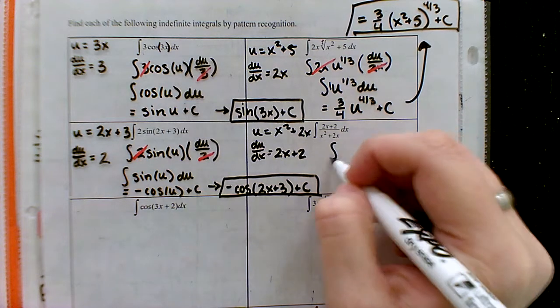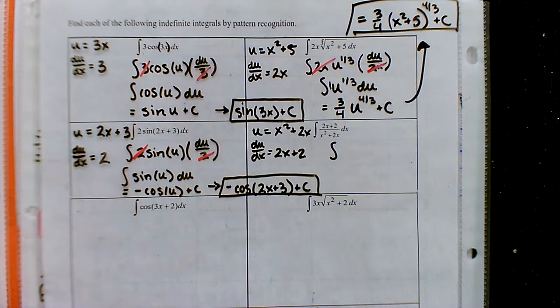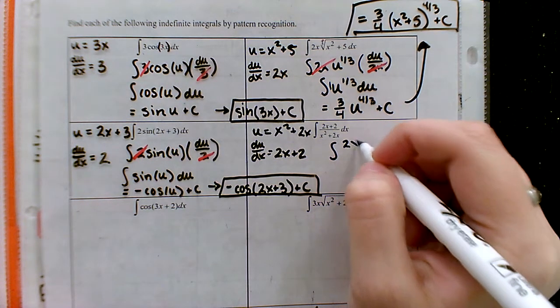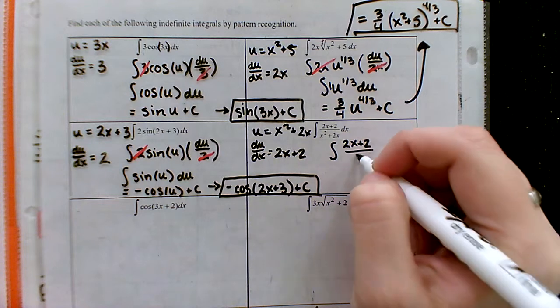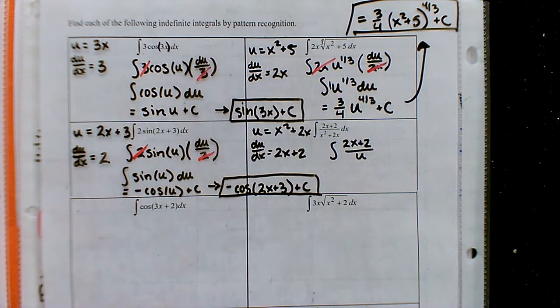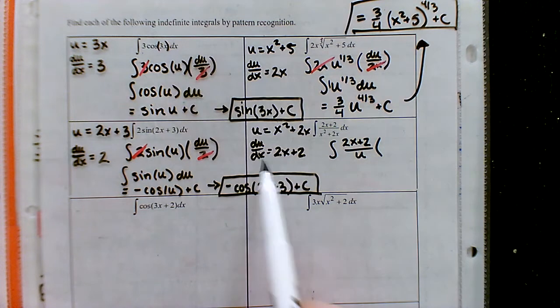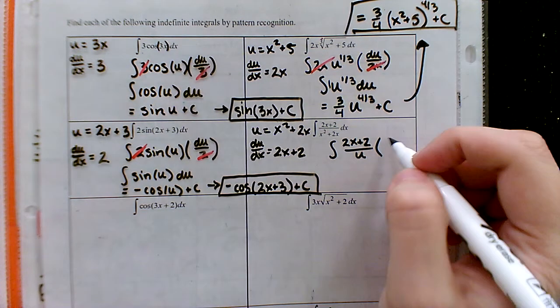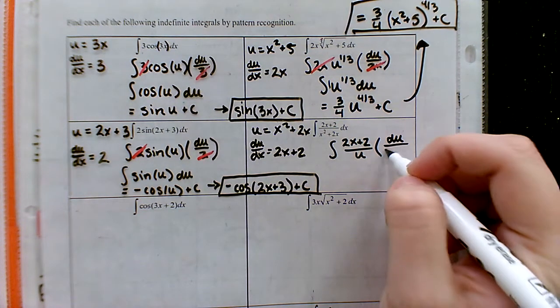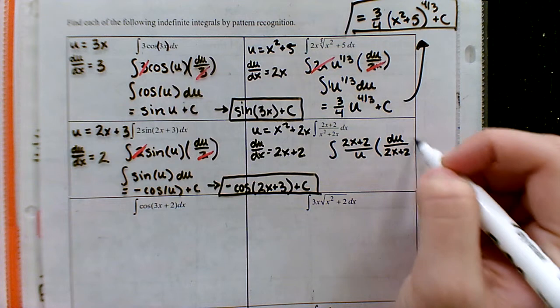Let's go ahead and rewrite the integral. So we let the denominator be u. That means the numerator is going to stay the same. So 2x plus 2 over u. And when it comes time to rewrite the dx, we'll do a little switcheroo. We'll have du over 2x plus 2.